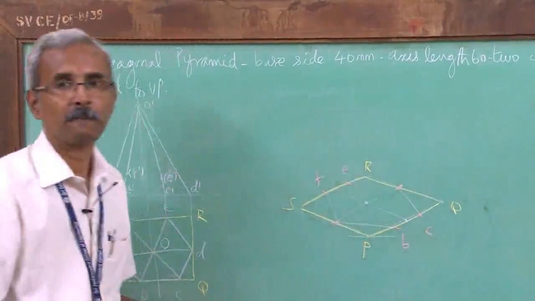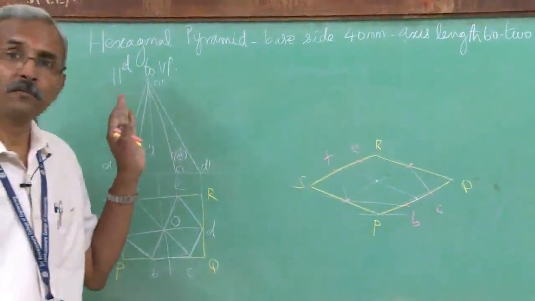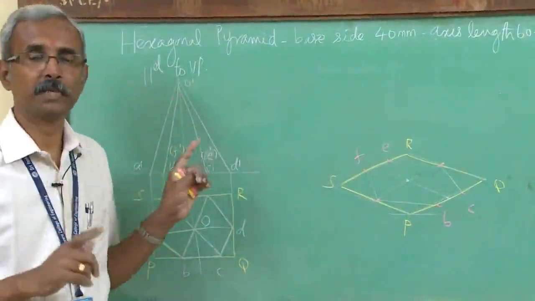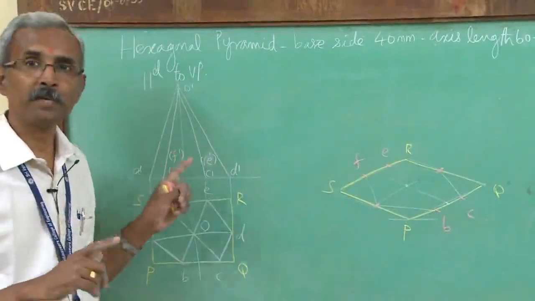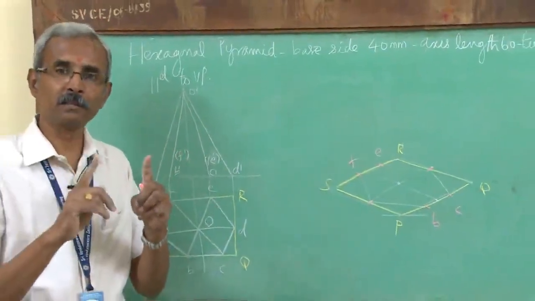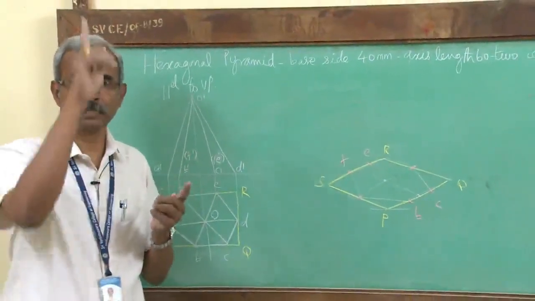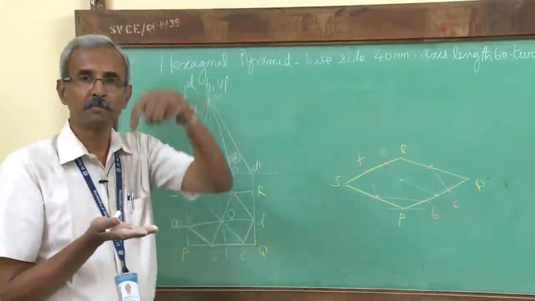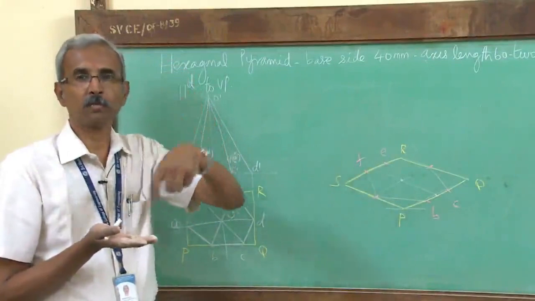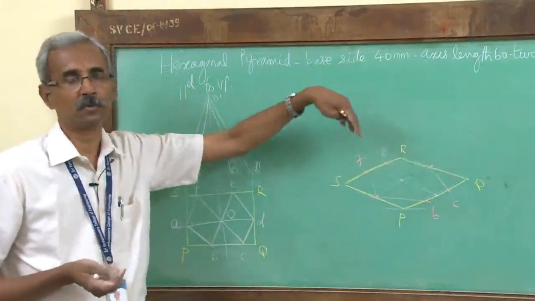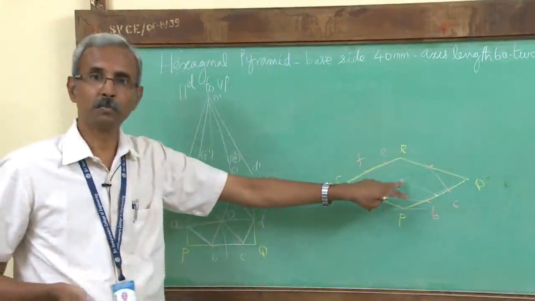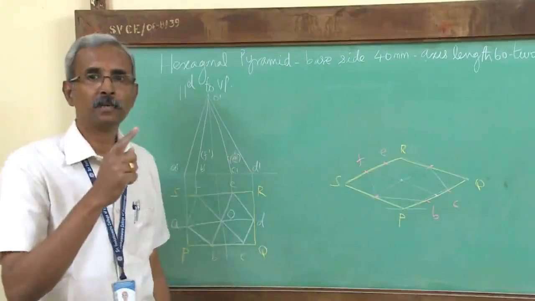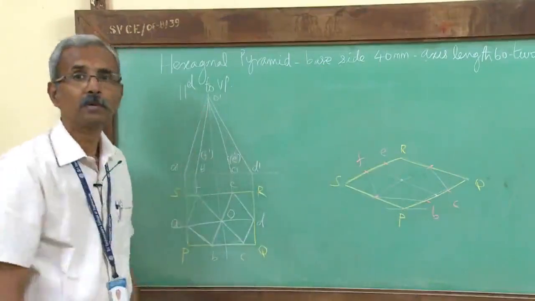Now from here, in case of prisms you have the vertical edges, in case of pyramids you have the axis. Again, though the axis is an imaginary line, still it is a vertical line, or it is perpendicular to the base. So the axis being a vertical line, it will also be a vertical line in the isometric view. So from this point erect a vertical equal to the height of the pyramid.